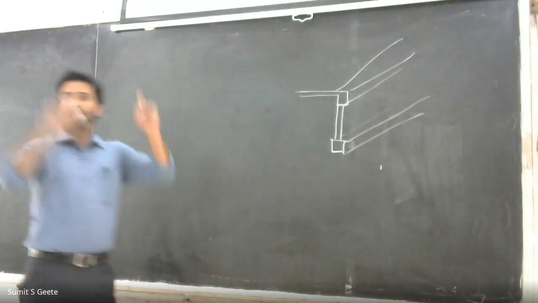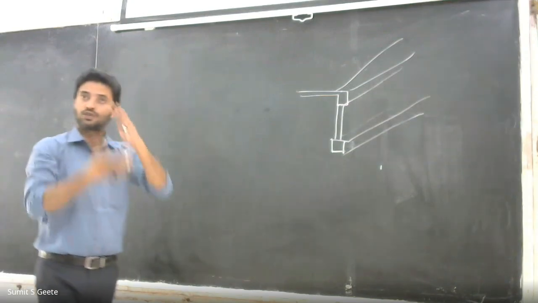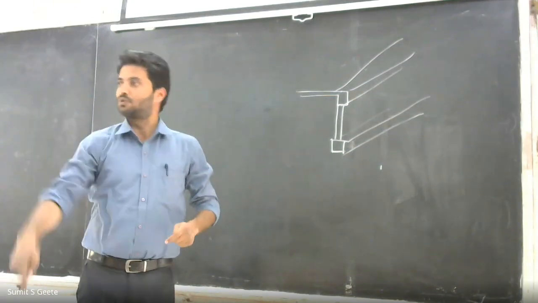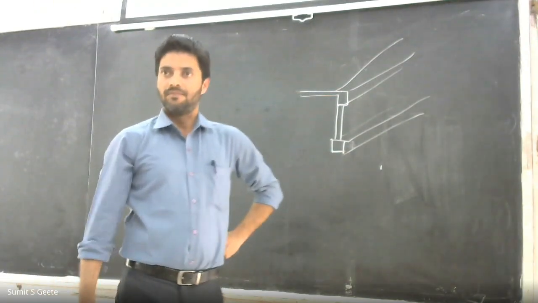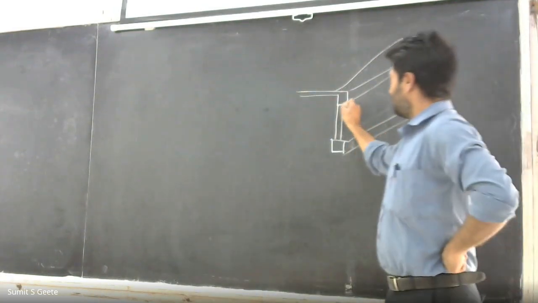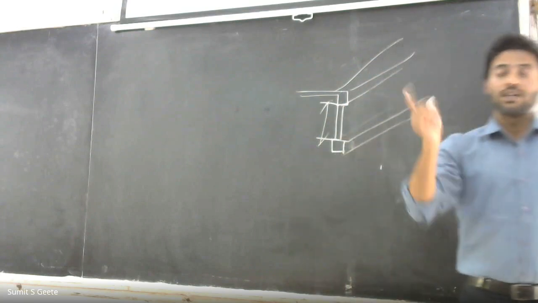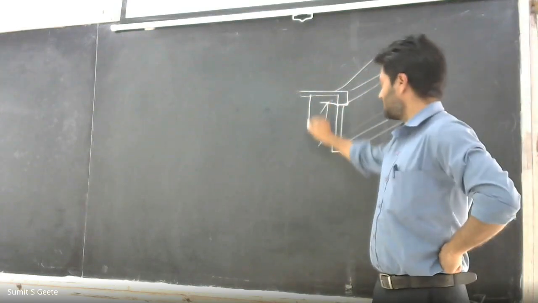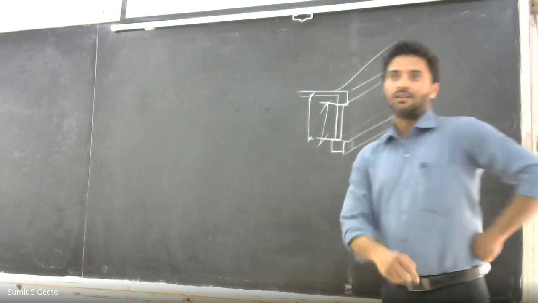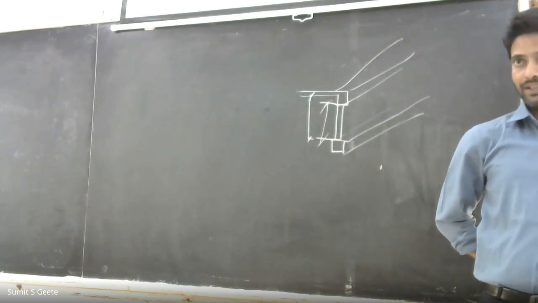So at the time of calculation of wall height in case of frame structure, that wall height is not from the bottom of this slab to the top of this slab. It is the distance between the bottom of your beam and this. Whereas in case of load bearing structure, we consider the total height.